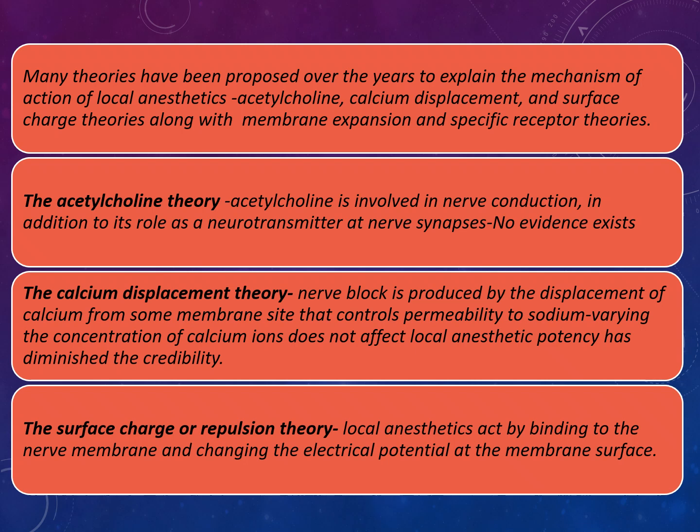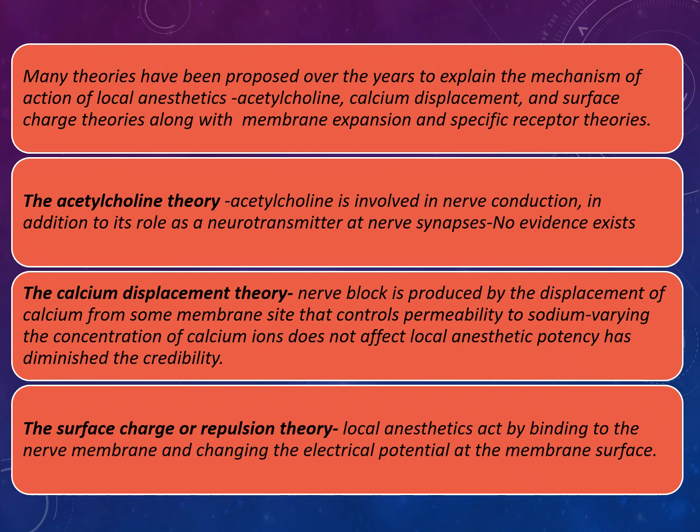The calcium displacement theory states that nerve block is produced by the displacement of calcium from some membrane site that controls permeability to sodium, meaning the concentration of calcium ions that does not affect local anesthetic potential has diminished the credibility.